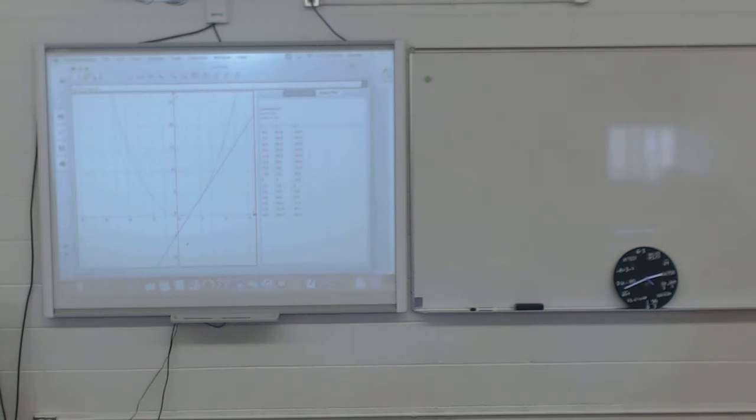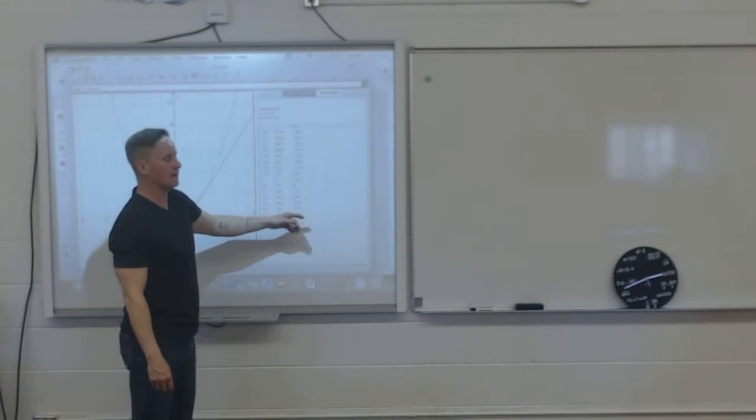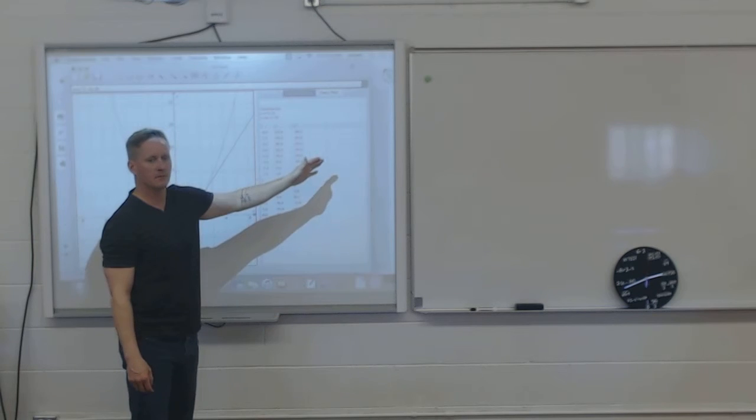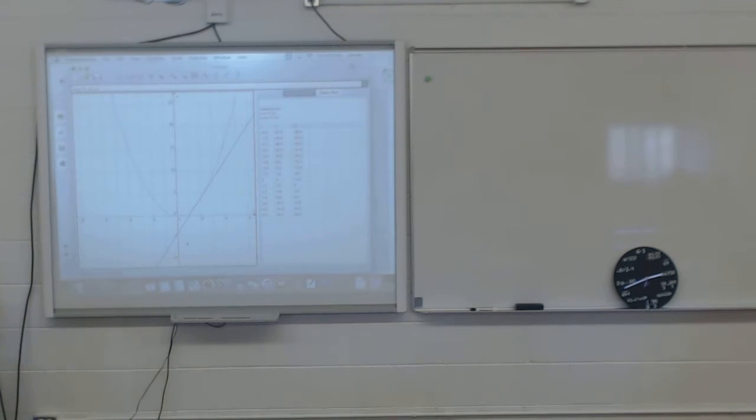That was my graph, right? So these values right here will be all of these values when I subtracted them. All right? There's what it is. Is that what I got? Yes.